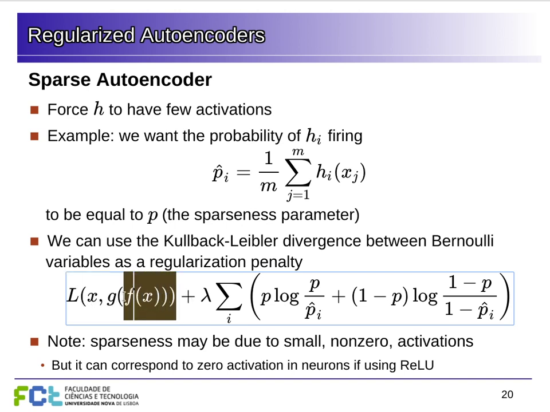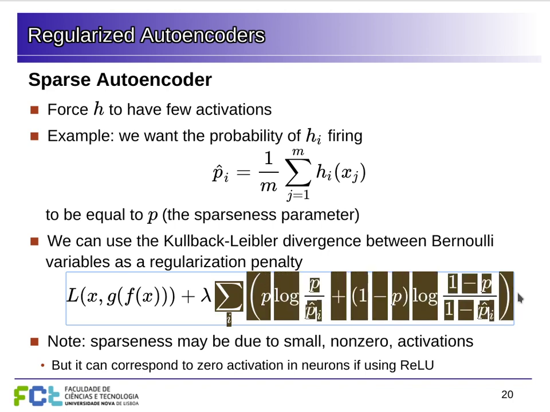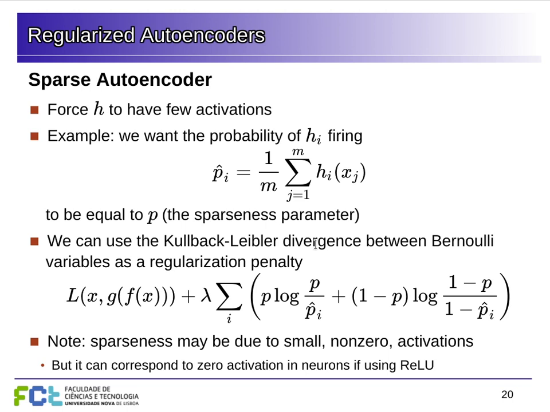So now we're going to train the network in order to minimize the loss between the input and the output. This is just the same thing we've been using with the undercomplete autoencoder, but we're going to add a penalty with some small regularization factor here, lambda, and this penalty is the Kullback-Leibler divergence. Remember, we saw this a few weeks ago. This is a measure of the divergence between different probability distributions.